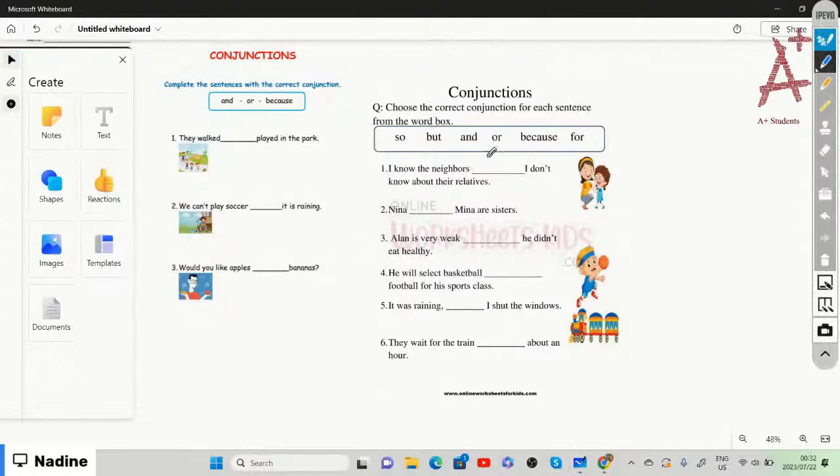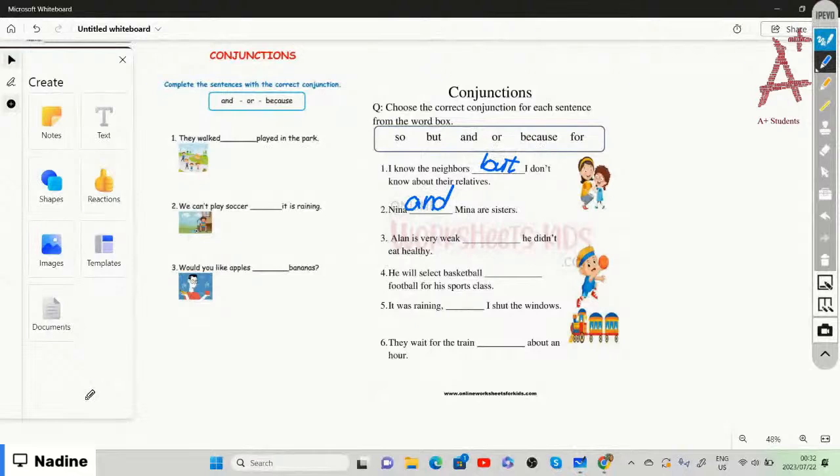So I know the neighbor, but I don't know about their relatives. Nina and Mina are sisters, which means that we are going to put the word and, because Nina and Mina are sisters. So and is there as a conjunction.